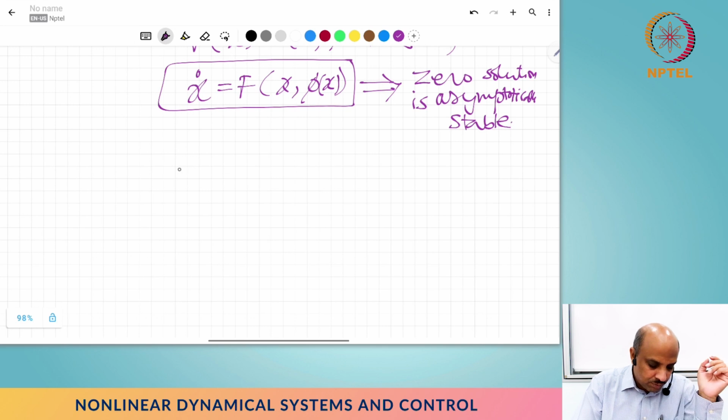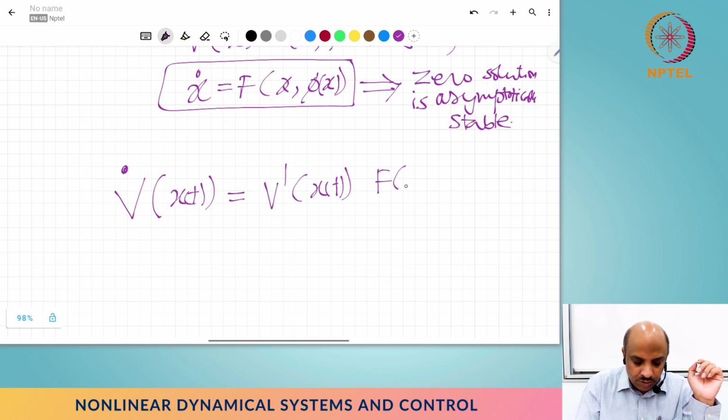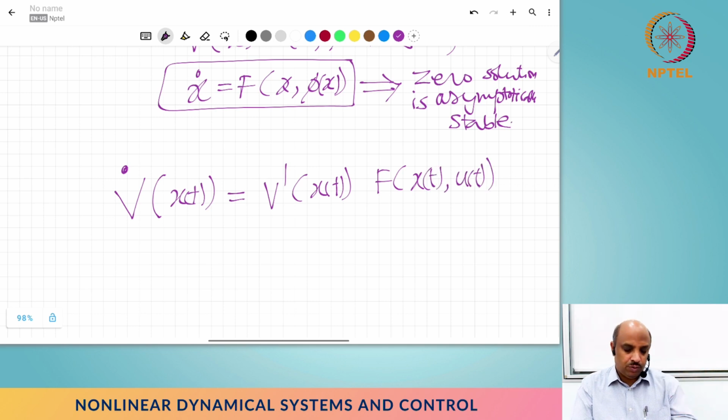So recall that V dot of x of t for some u is nothing but V prime of x of t times f of x comma u of t. We know that.